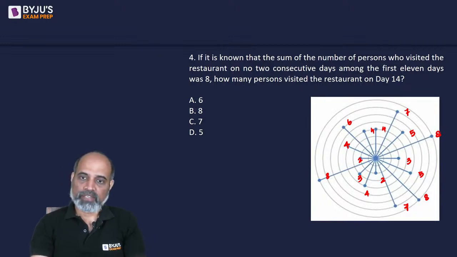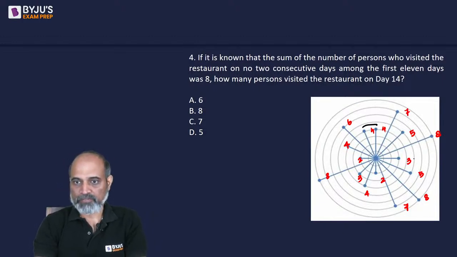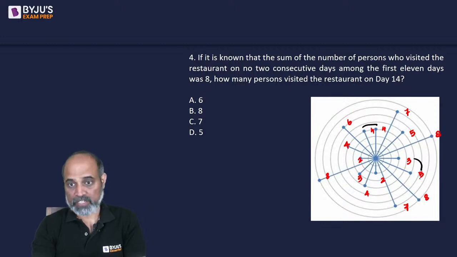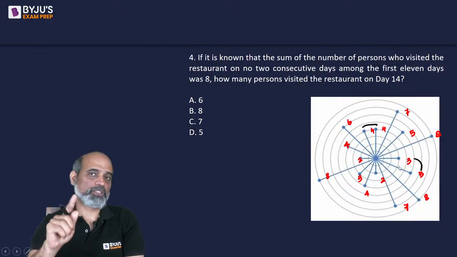So if we start, this 4 plus 4 is 8, so we can't take both of them. Then we have this 3 plus 5 as 8, we can't take that. And apart from all of this, there is nowhere else where consecutive numbers add up to give us an 8.